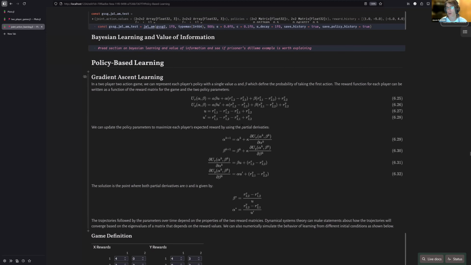And this whole thing is derived for this simple case again, where we have two agents, two actions, and we have the partial derivatives here. And the idea is, let's say that we initialize some value for alpha and beta. And then on every step, we just do a gradient step. Okay, so we add to alpha some learning rate times its gradient.